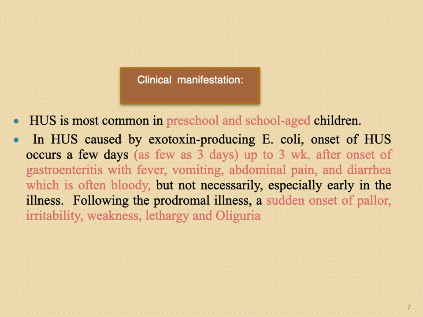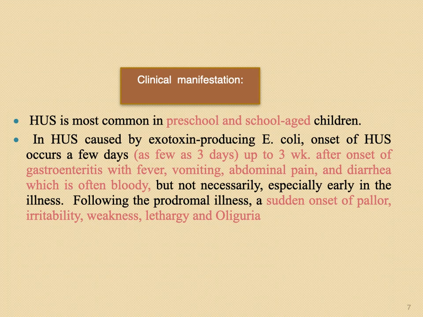The patient will present with features of gastroenteritis, which are fever, vomiting, abdominal pain, and diarrhea. The prodromal intestinal symptoms could be severe and require hospitalization. However, they can be mild and considered trivial. The diarrhea in those patients is often bloody, but not necessarily so.